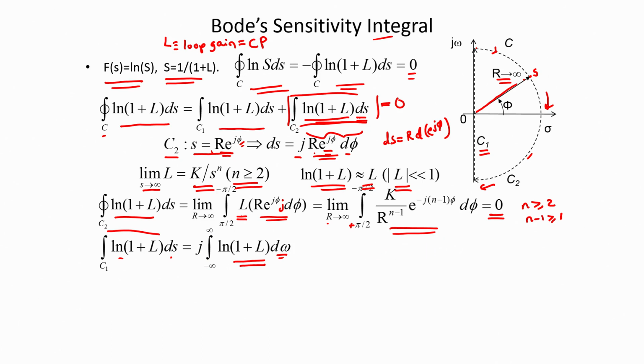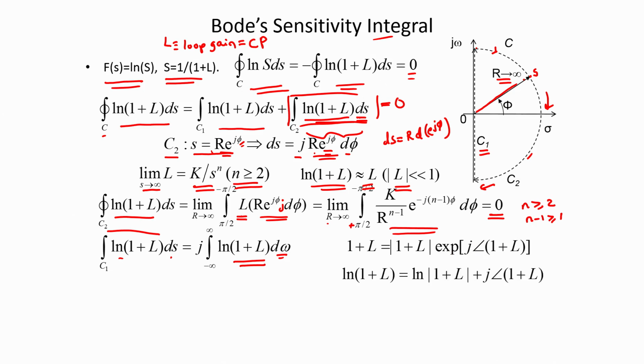Now, we note that the complex number 1 plus L is essentially given by the magnitude of 1 plus L times exponential of j times the phase of 1 plus L. This is by definition the complex number 1 plus L. It is given by the magnitude times e to the power j times the phase. Hence, we would have ln of 1 plus L, or logarithm to the base e of the function 1 plus L, to be equal to ln of the magnitude of 1 plus L plus j times the angle of 1 plus L. We get this expression by simply taking the logarithm of this particular expression.